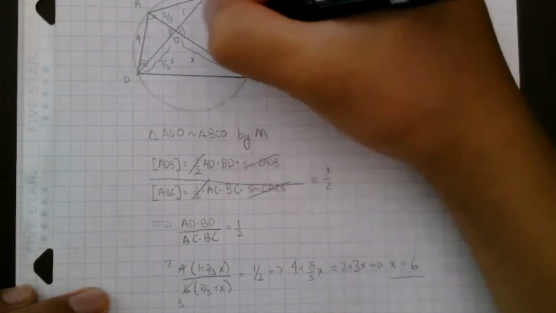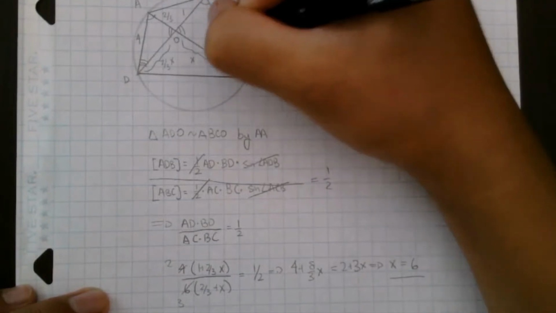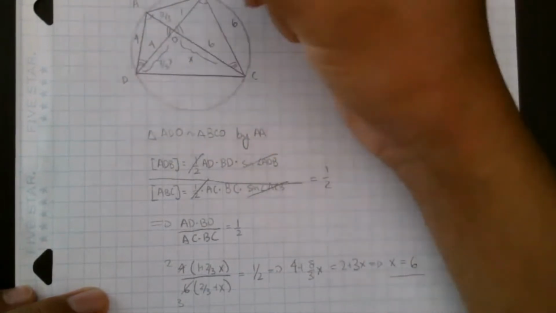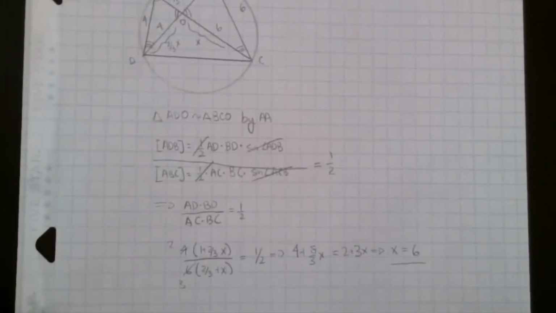So then we get that OC is equal to 6 and OD is equal to 4. And now we have a lot of side lengths in the quadrilateral, and we can try to find the area. But first we see that what's interesting is that triangle OBC and triangle ODA are actually isosceles triangles.